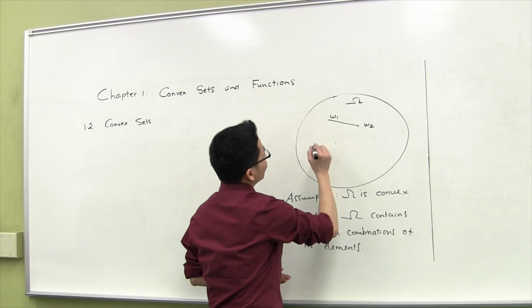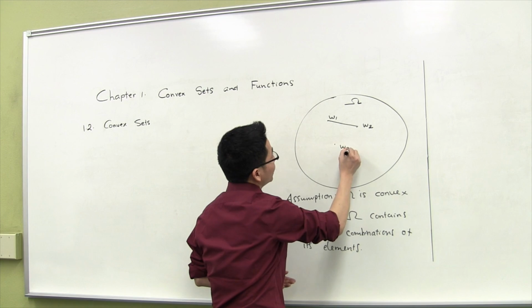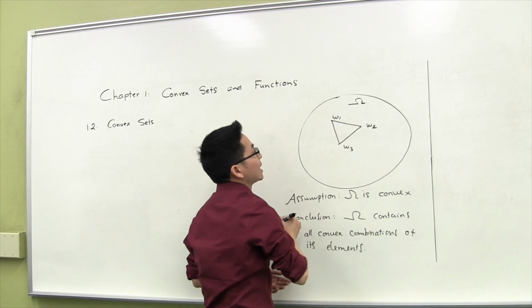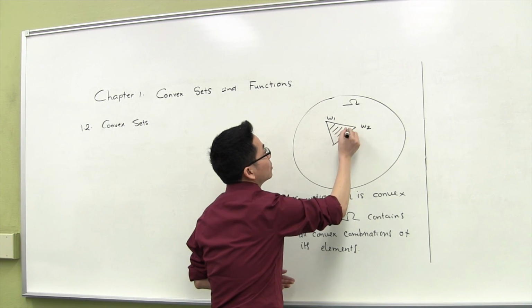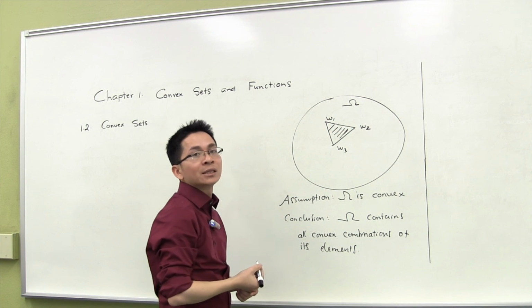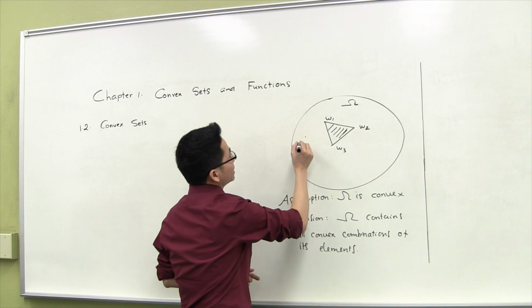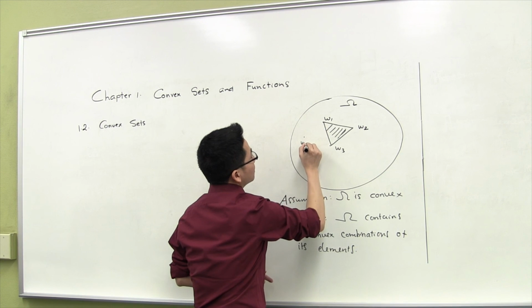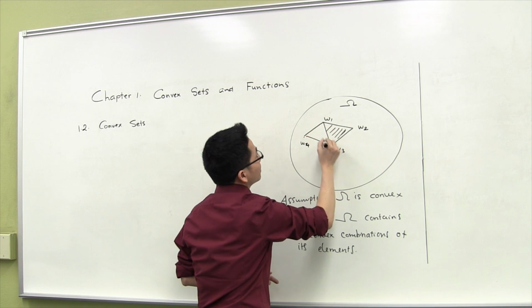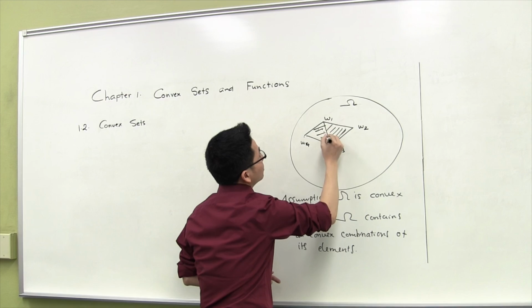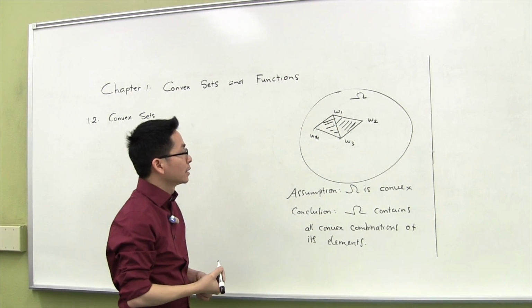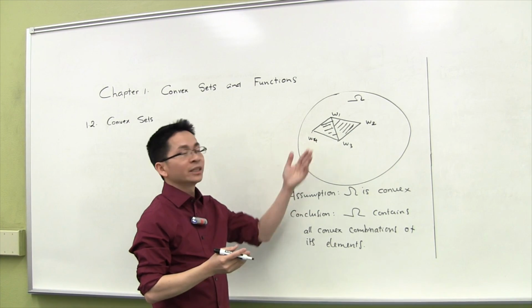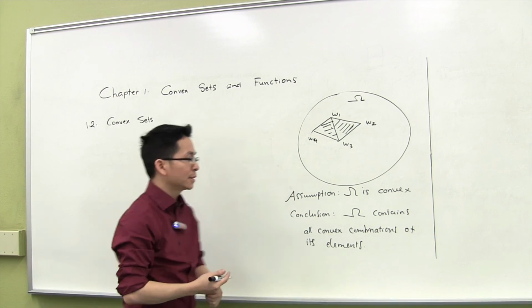If we take three elements W1, W2, and W3 in omega, then all convex combinations of these elements form this triangle, and it is also a subset of omega. Similarly, if we take all convex combinations of four elements of omega, then we still have a subset of omega. So we're going to prove this by using induction.